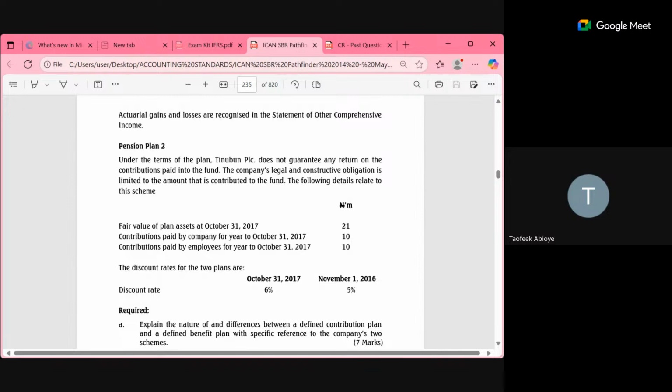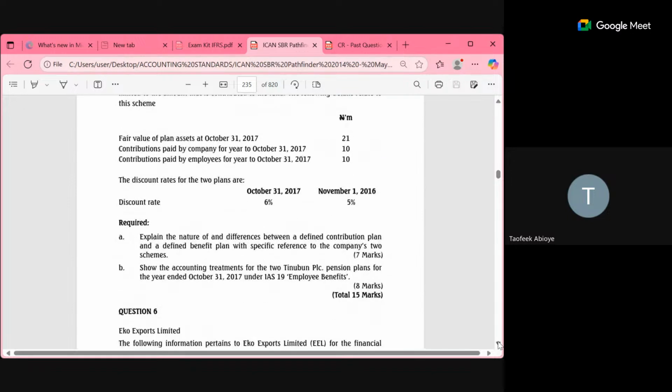Now, let's look at the requirement. Explain the nature and the difference between a defined contribution and defined benefit plan with specific reference to the company's two schemes. So they ask us to explain what a defined contribution plan and a defined benefit plan are, then give the differences. What are the differences between the two?